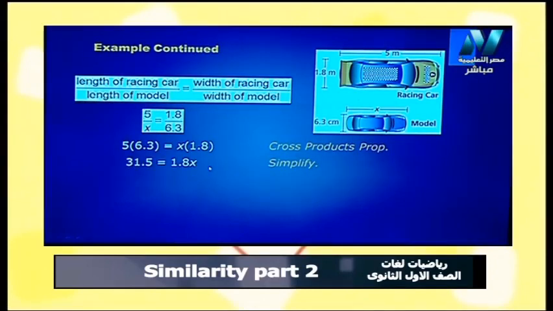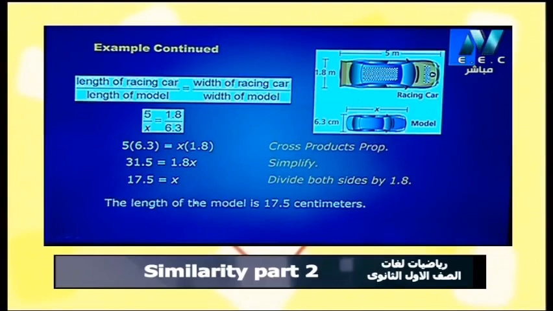Simplifying, 5 multiplied by 6.3 equals 31.5 and x multiplied by 1.8 is 1.8x. So divide both sides by 1.8. We get 17.5 equals x, or x equals 17.5 centimeters. So the length of the model equals 17.5 centimeters.